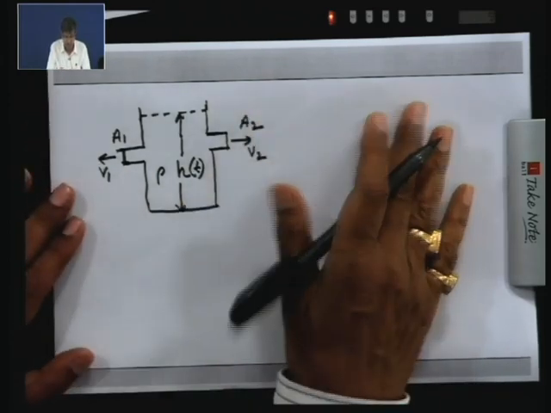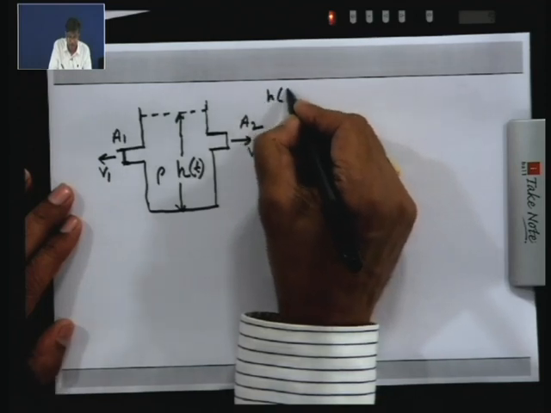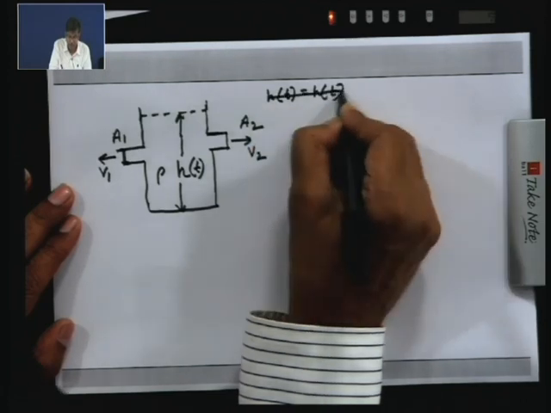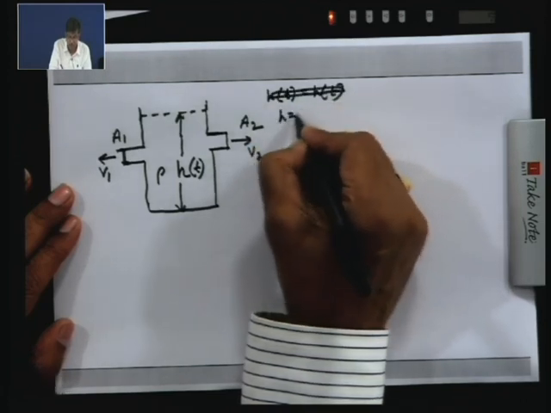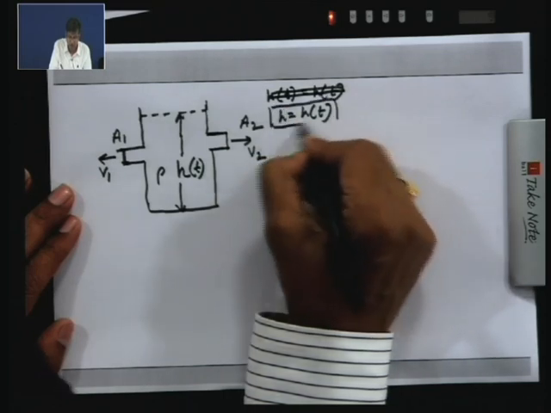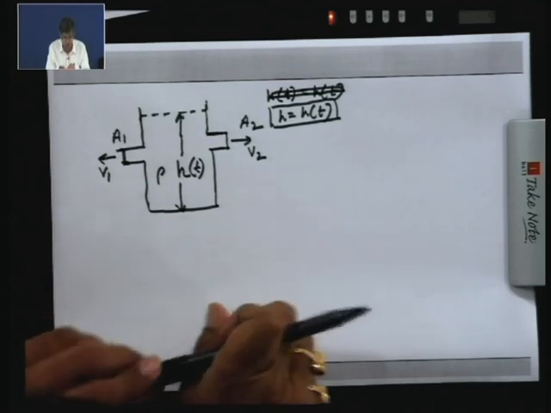I know you can immediately write, if I tell you, the differential equation for h as a function of t. How do you develop the differential equation from the conservation of mass? How will you use the Reynolds transport theorem?